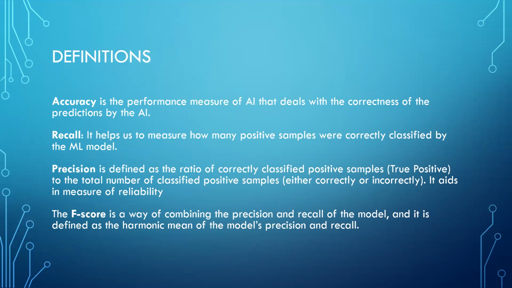Accuracy is the performance measure of AI that deals with the correctness of the predictions by the AI. Sometimes when the AI brings predictions, it is going to mark some faces as not stress and other faces as stress. But sometimes it might miss the mark.